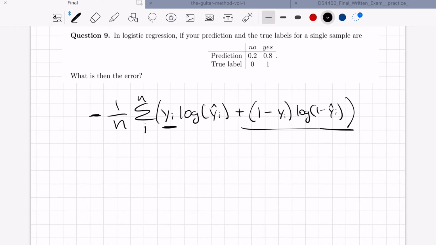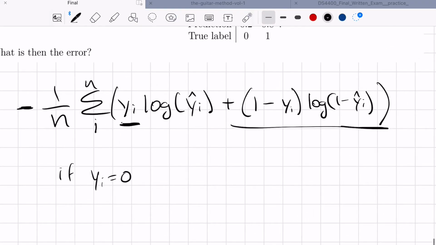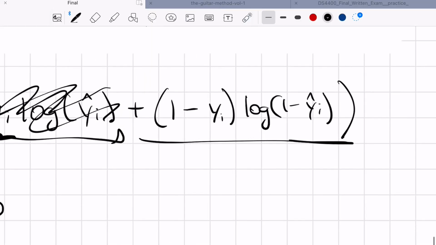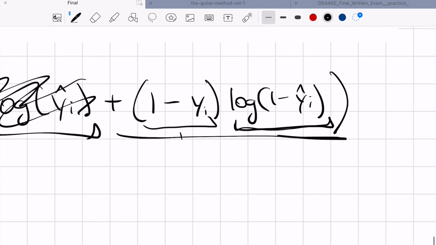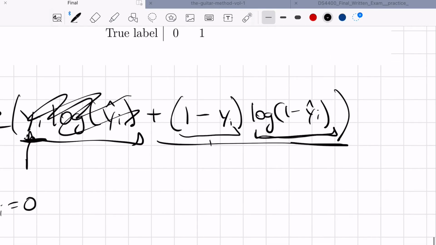Conversely, if y_i is equal to 0, this term gets zeroed out, because 0 times anything is 0. And this other term is going to be 1, so we take the full magnitude of log of 1 minus y hat of i. Remember, if y hat of i is really close to 1, we're taking 1 minus something close to 1, which gives a really big negative number.